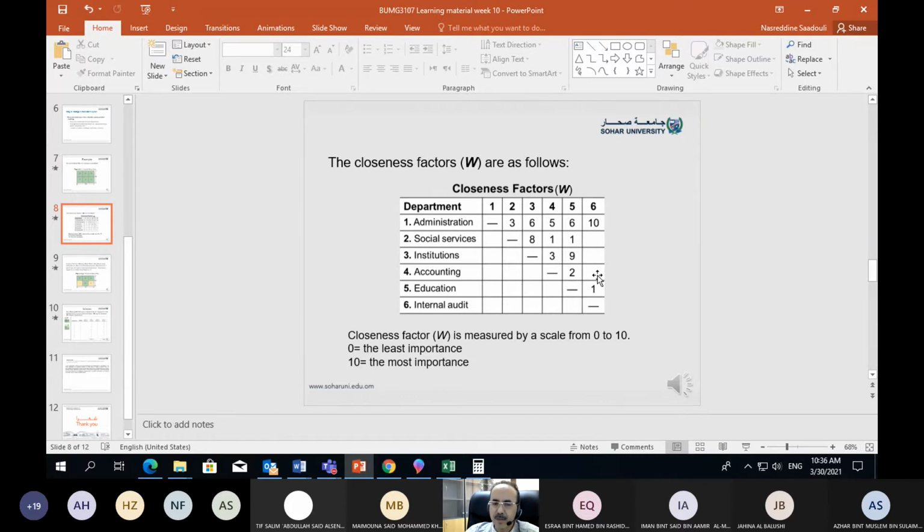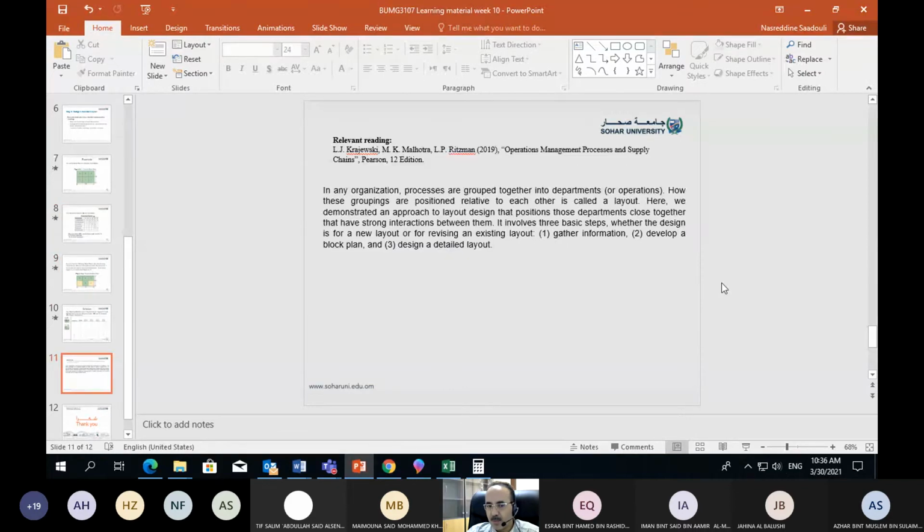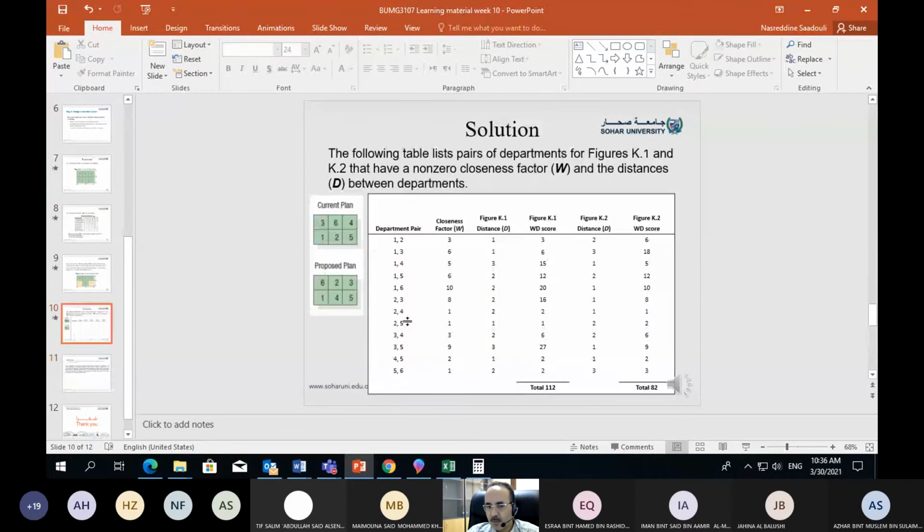We are indifferent as to whether those two are close to each other or not, which means that we don't even need to consider that pair. So therefore, in this case, the pairs are 1-2, 1-3, 1-4, 1-5, 1-6, 2-3, 2-4, 2-5. There is no 2-6, and you can see that in the table here. Okay, you see 2-3, 2-4, 2-5, but there is no 2-6 because it's irrelevant.